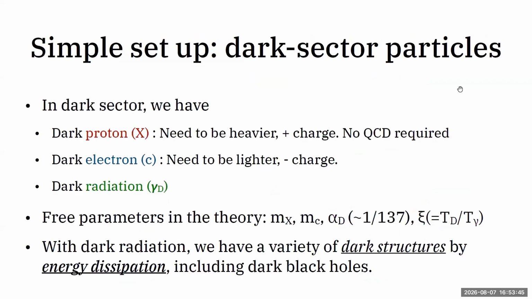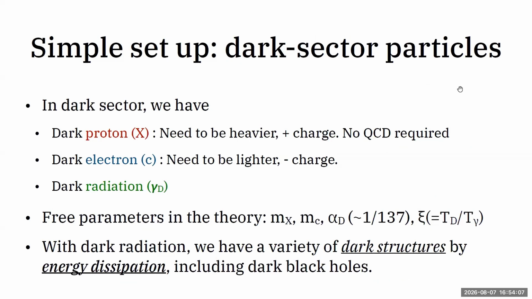And here there are 4 parameters: dark proton mass and dark electron mass. So here the dark proton doesn't have to be a composite particle. What I just require is charge neutrality and one particle being heavier than another.